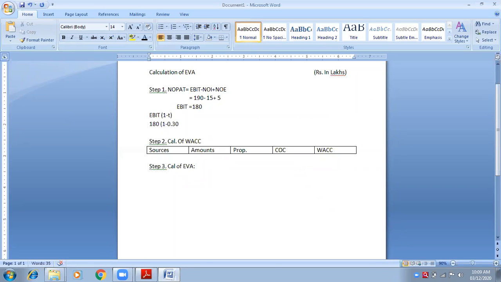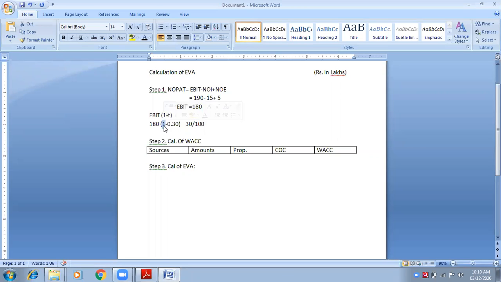So it will be 0.30. Very simple. 30 percent means 30 divided by 100. If it is 40 percent, 40 divided by 100. So you will get 0.30. Why am I converting percentage into number? Because 1 is a number, not a percentage.